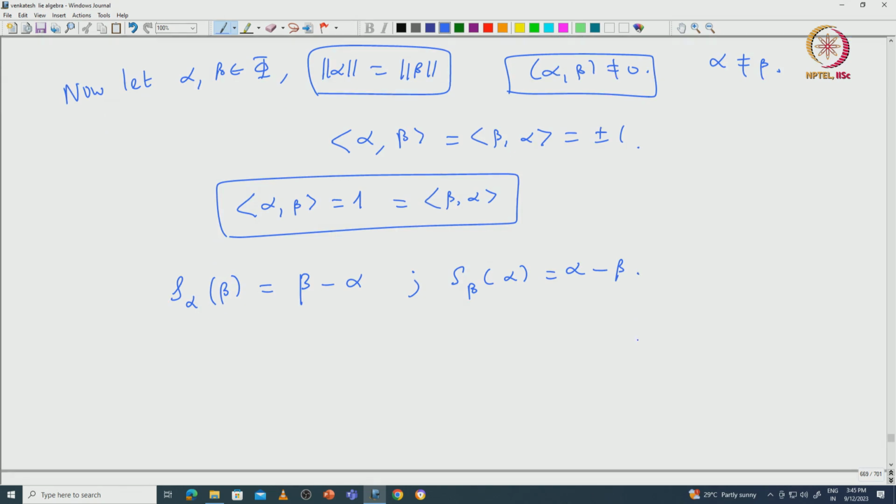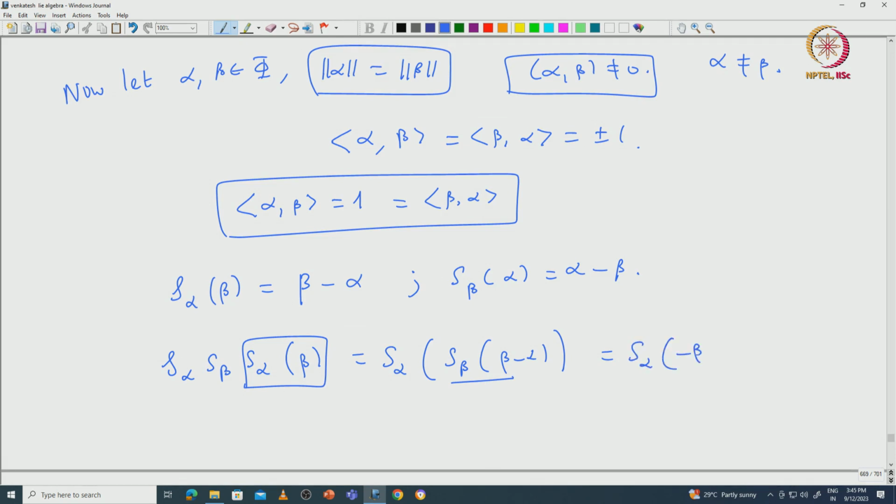So, now you can see that if you compute S alpha, S beta, S alpha on this beta, then this is going to be exactly equal to S alpha S beta of beta minus alpha. So, then this is going to give us S alpha of minus beta, and then S beta of minus alpha, this is plus minus.